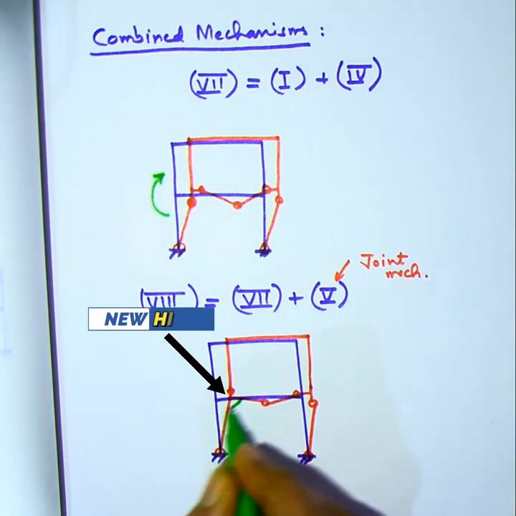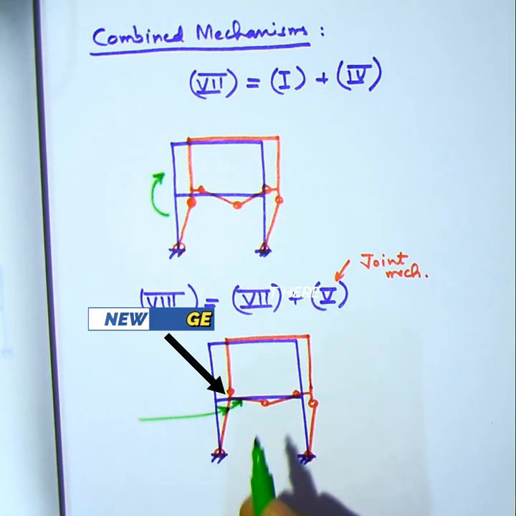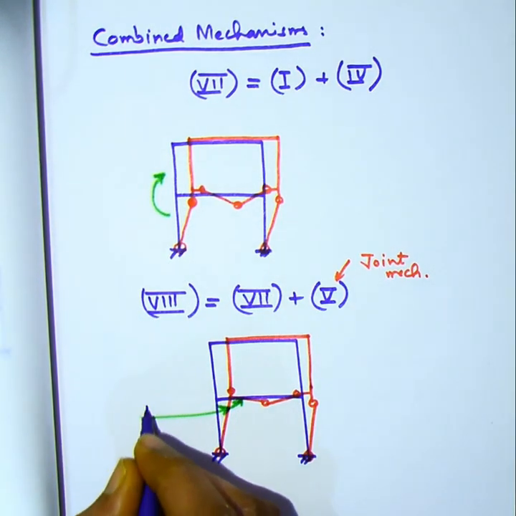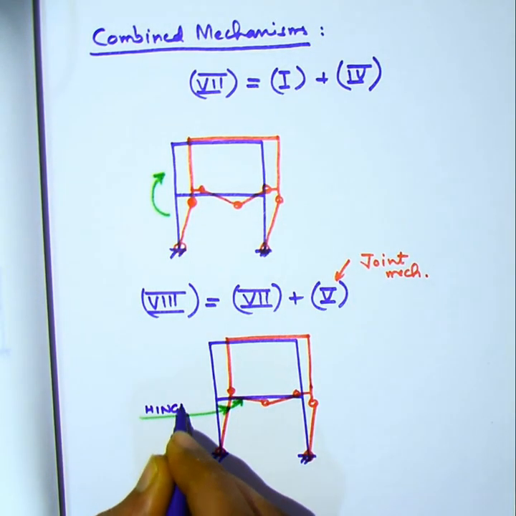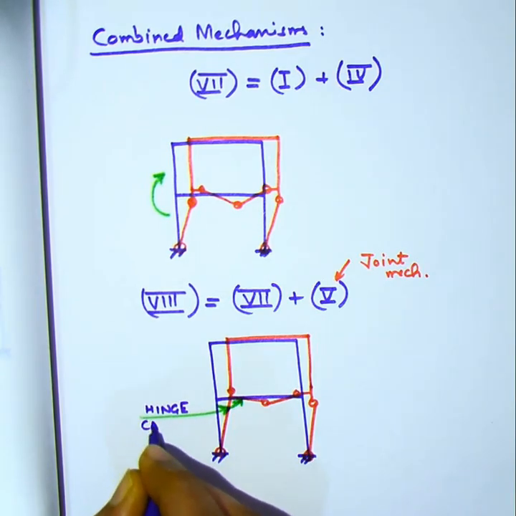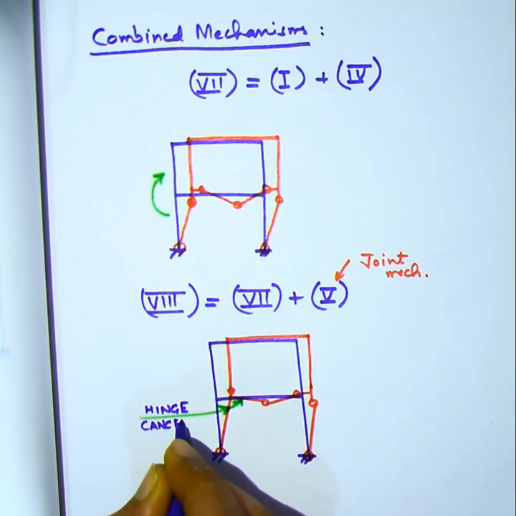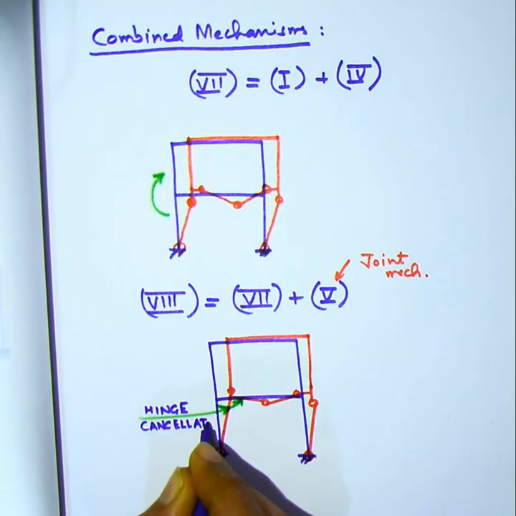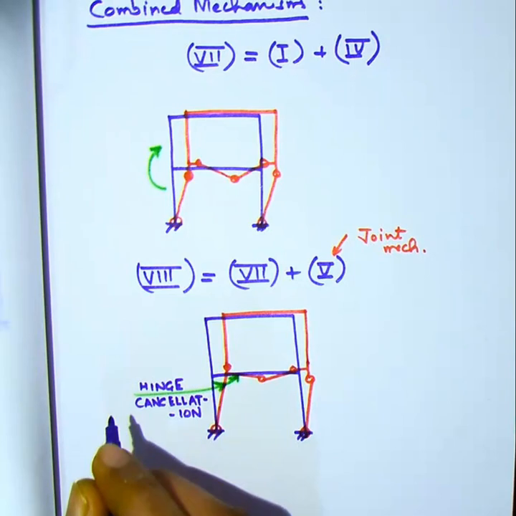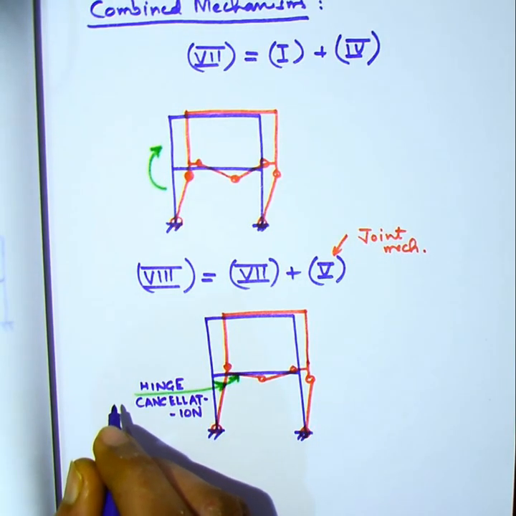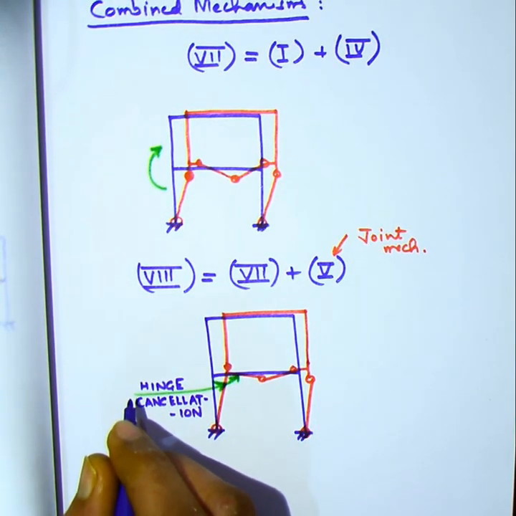So it does produce a new hinge also, but on the net, the internal virtual work done is reduced. That's why this mechanism is likely to result in a lesser ultimate load as compared to mechanism number 7.